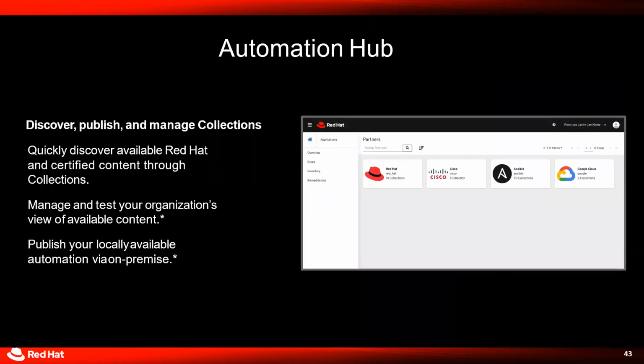And the final one is automation hub. This is one of the features that Red Hat has added into Ansible automation. Ansible hub will help you identify the Red Hat approved Ansible modules.